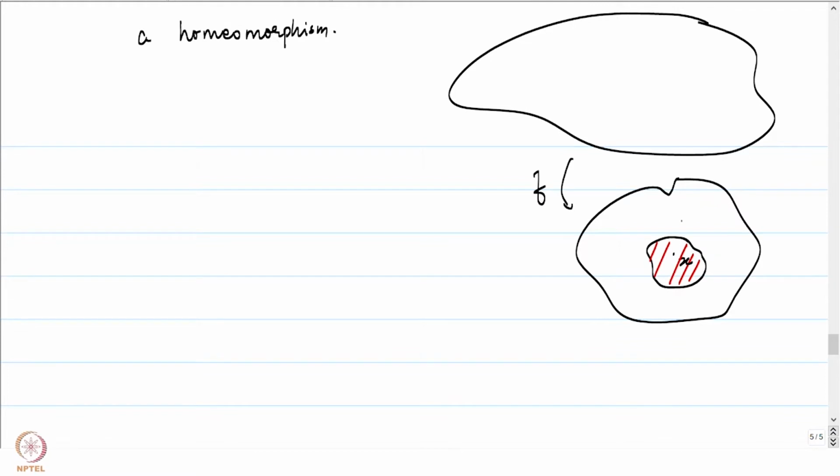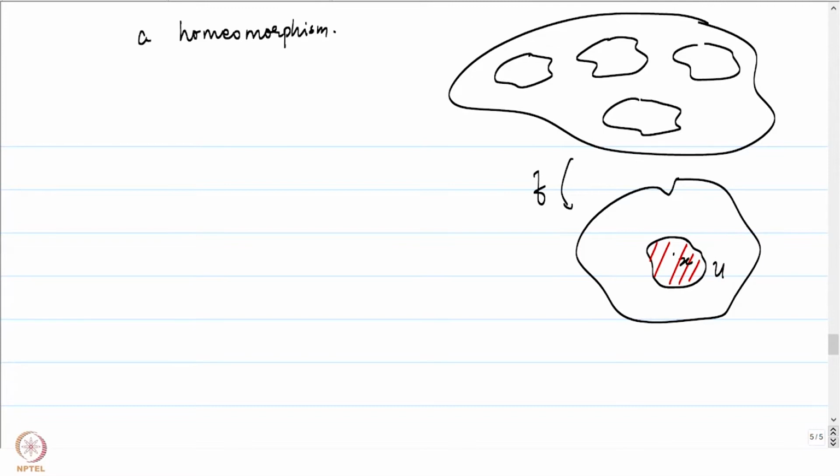Let's call it U, such that if you pull back U, we will be able to get hold of a disjoint union of, so this is going to be V1, V2, V3 and V4. It need not be finite, of course, but the point is that the restriction of the map f to V1, or to V2, or each of these Vi's, is going to be a homeomorphism from Vi to U. So there are going to be sheets of open sets on top of U if you want to visualize it in some particular manner.